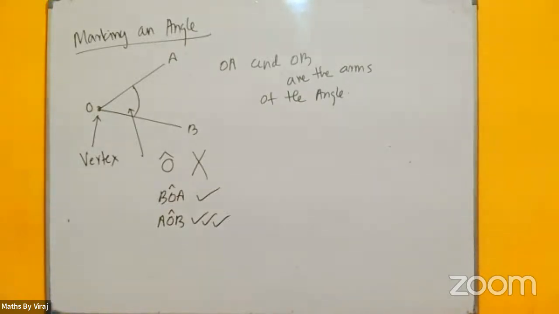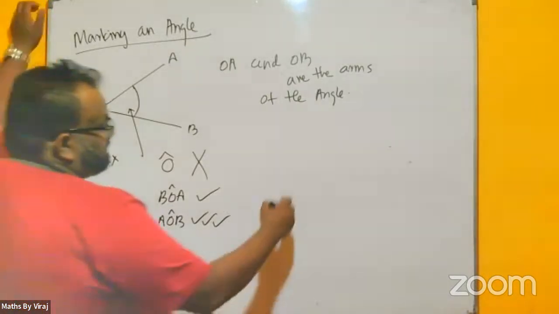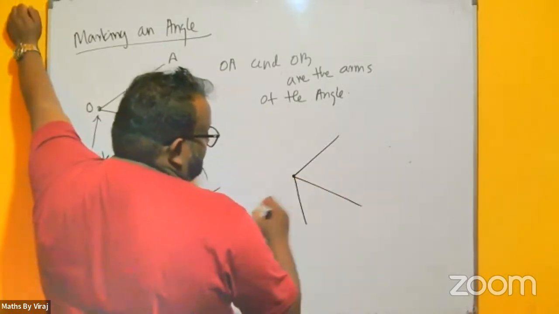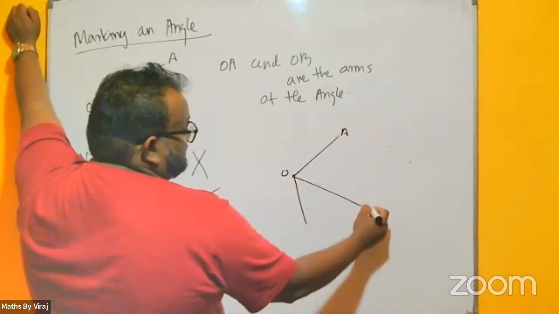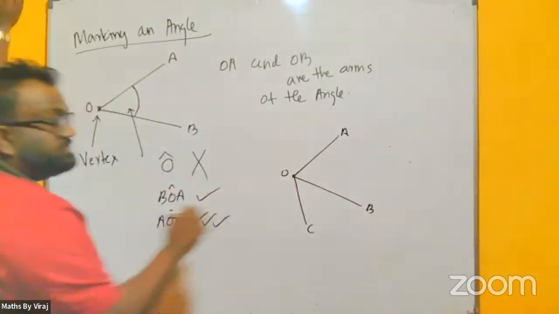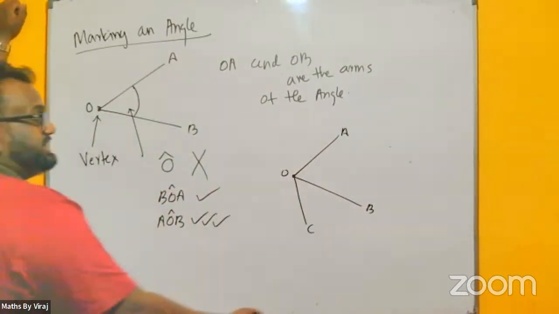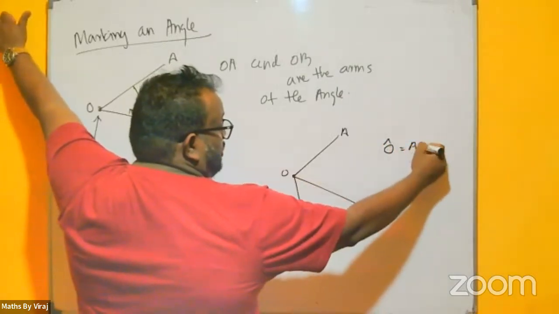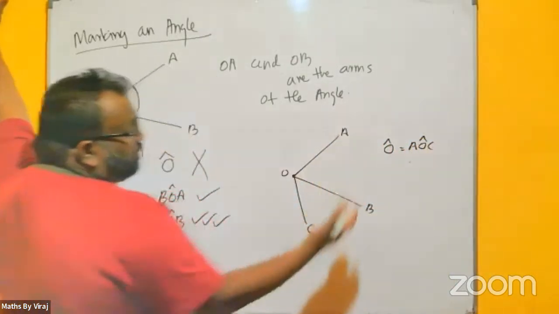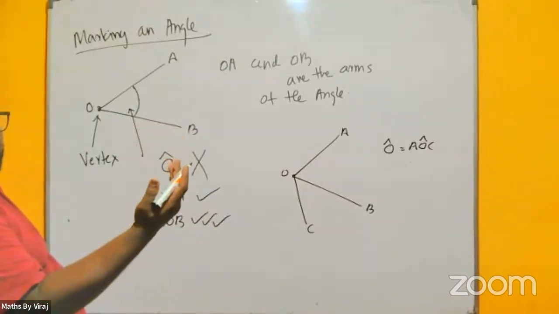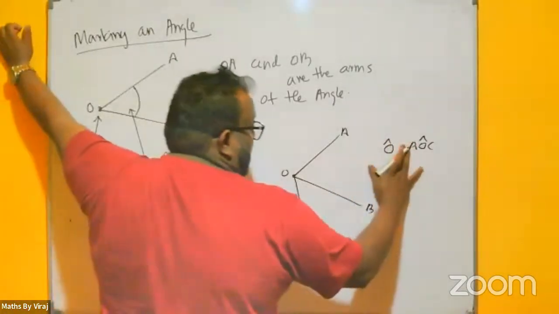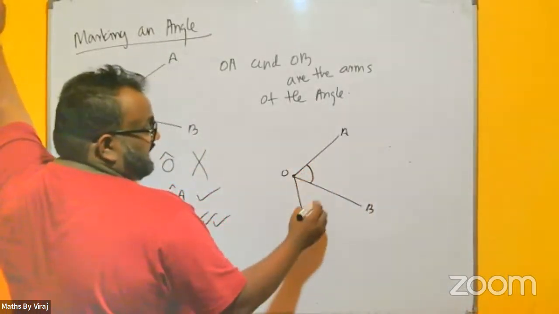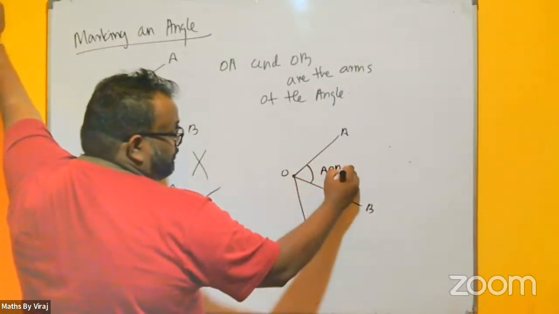Why do I say that angle O is wrong? Let's assume that there are three arms. If I say angle O, it can be angle AOC, the whole thing, many things, right? So we do not say angle O. If I need to measure this angle, it is AOB.